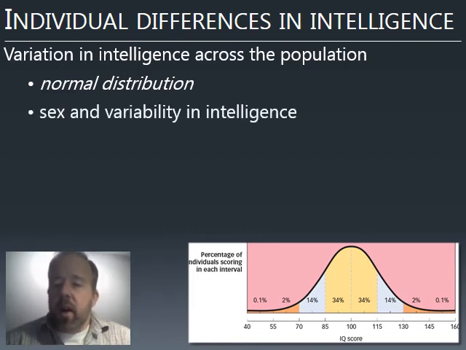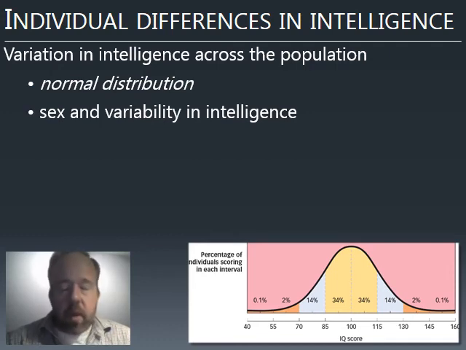However, there's also the variability, how wide that curve is, how widely distributed intelligence scores are. And there's an interesting relationship between variability in intelligence and the sex of the individual. So the averages don't seem to differ between men and women. However, men tend to have more variability in their intelligence.